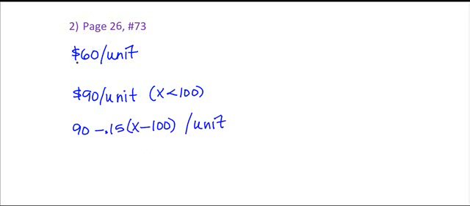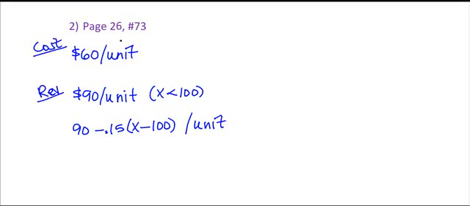So think about this. Our cost was given as $60 per unit. Our revenue is what the person selling this product is making. Now, what is profit? Profit is revenue minus cost. So I need to really clean this up a little bit and think about what x is.